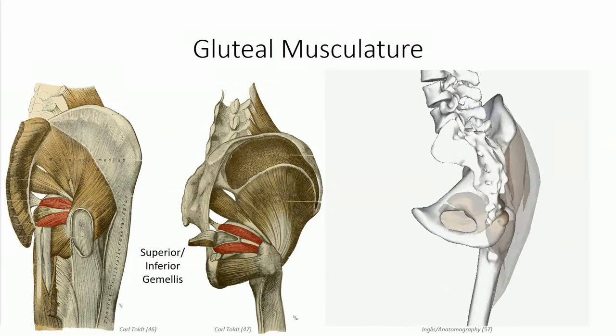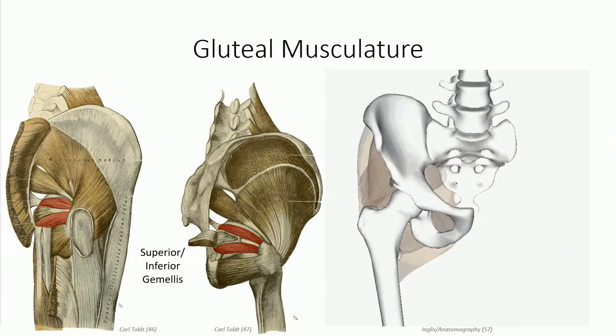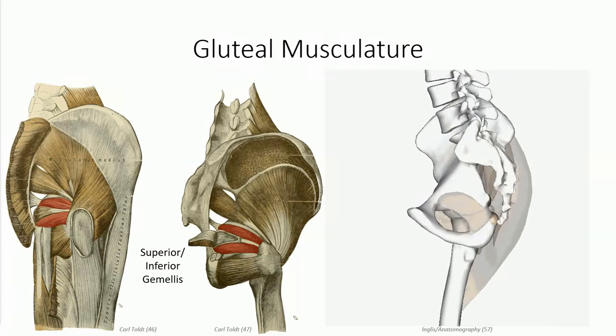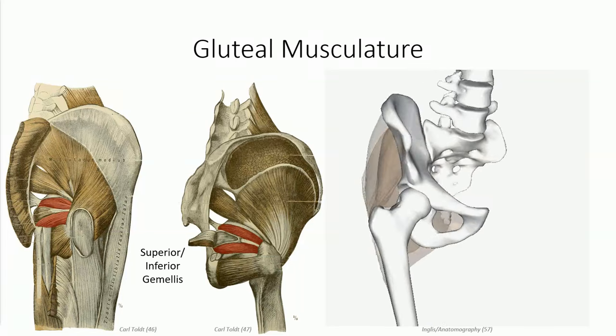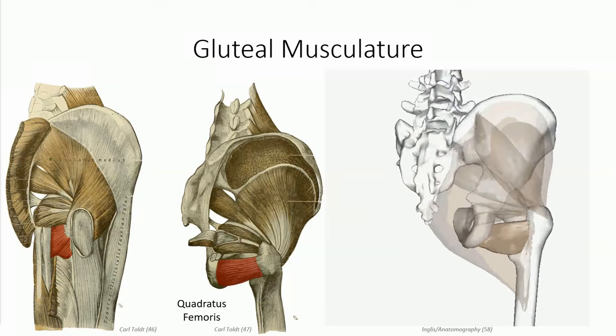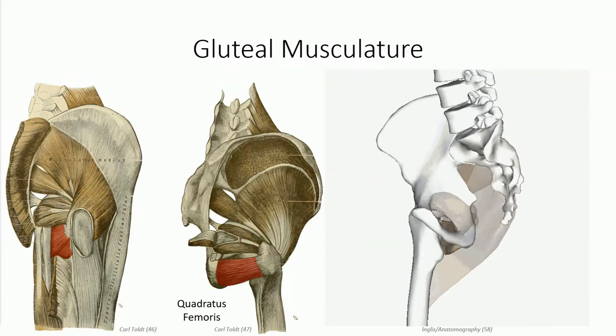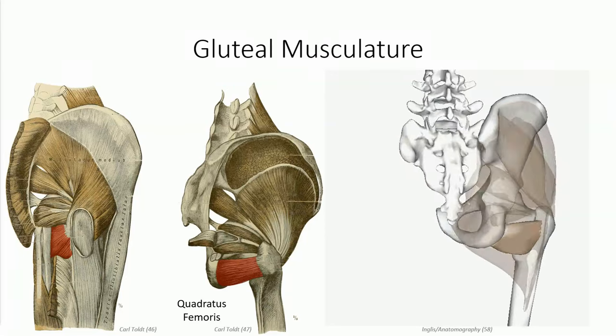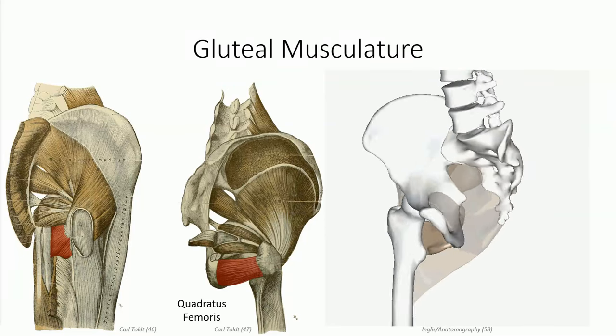On its path, it's joined by two additional muscles, the superior and inferior gemelles, or twin muscles, which originate from the ischial spine and tuberosity superior and inferior to the tendon for obturator internus. The last muscle in this group is the quadratus femoris, which originates from the furrow between the ischial tuberosity and acetabular fossa to insert between the greater and lesser trochanters. Collectively, these muscles combine with piriformis to laterally rotate the hip.